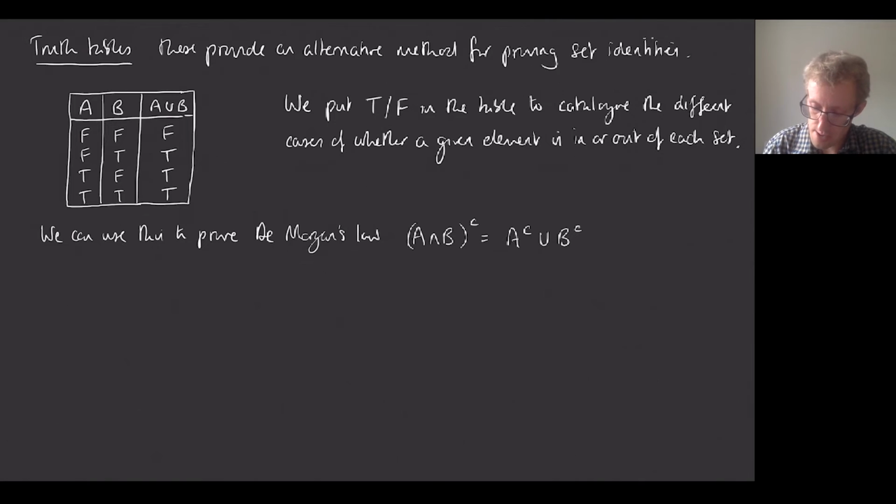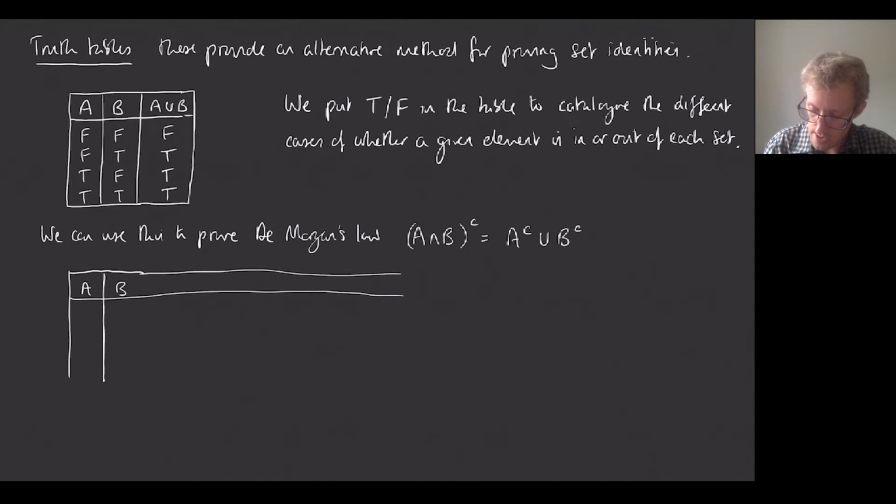So we're going to do that by building a table. And the first part of the table is going to look identical to the one I've already drawn. But then we're going to make the table a bit longer, because I'm going to be interested in various other sets. So we're going to first of all have A and B, and I'm going to catalogue those different cases again. So we'll have not in either of them, in B, in A, or in both of them.